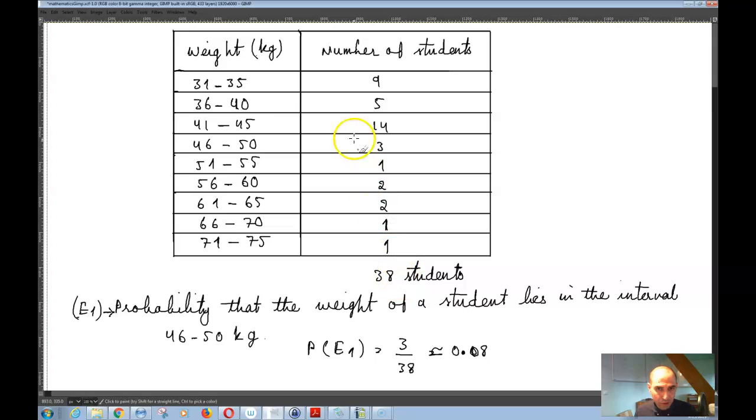That means that among these 38 students, there was no student whose weight was 30 kilograms, because all of their weights are above 31 kilograms. So there was no student whose weight was 30, 20 or 25 kilograms. So the probability of that is 0.